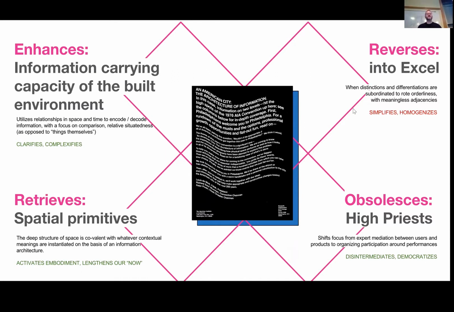McLuhan said that all media have this funny propensity to retrieve the effects of some prior medium. And in my way of working through this, what I'm saying information architecture retrieves is something called spatial primitives. The philosopher Alan Watts likes to talk about the two great symbolic fetishes, the round one and the long one.